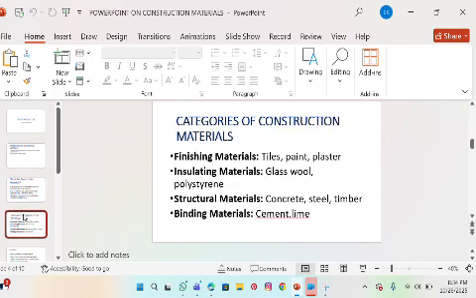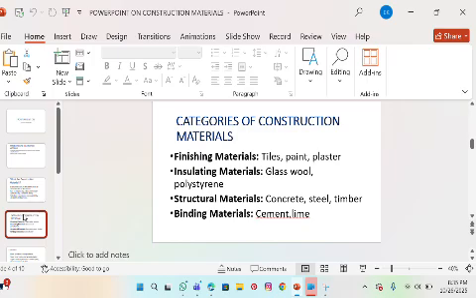Now, let us go to the categories of construction materials. These construction materials have different categories, but today we are going to learn 4 categories. We have the finishing materials. Finishing materials are tiles, paint, plaster, and there are so many, but today we are going to learn only those 3.